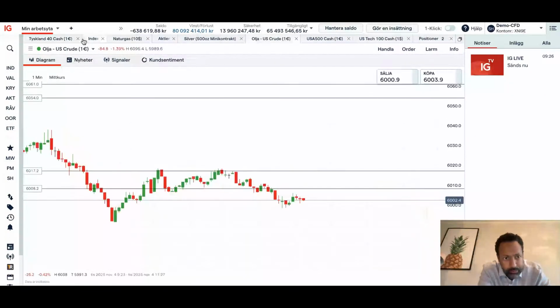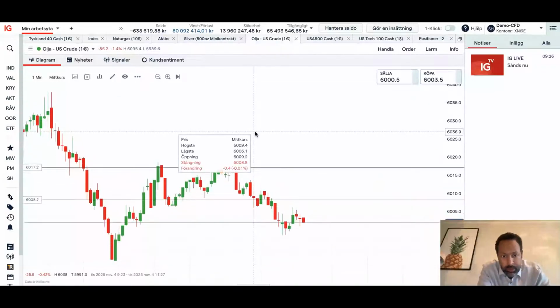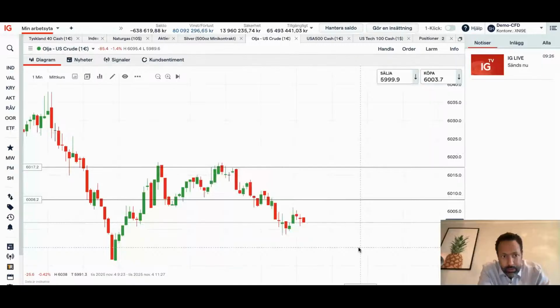Moving here in oil. Moving forward again. 0.02%. Moving a step forward again and again. 0.04%.